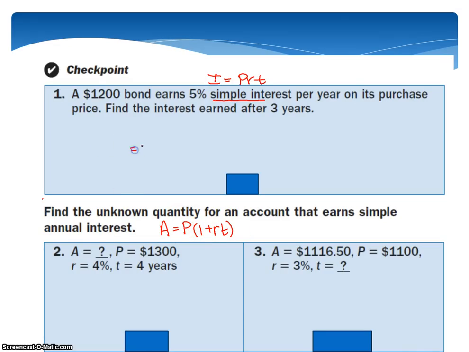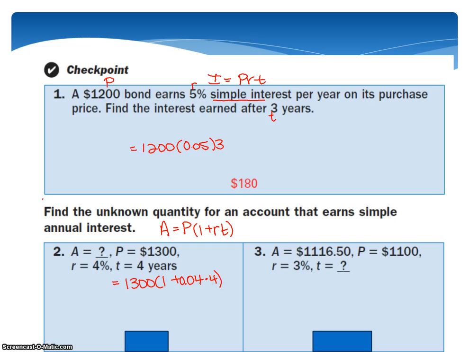Number 1, principal is 1,200, the interest rate is 5%, the time is 3. So I'm just going to multiply these 3 together, change the 5% to a decimal, multiply, you have $180. Number 2, I'm going to substitute in my principal, 1 plus the interest rate, which I'm going to turn into a decimal, times 4.